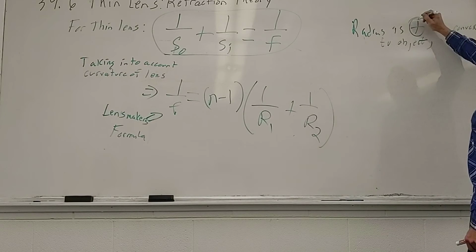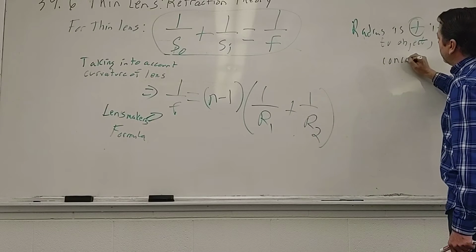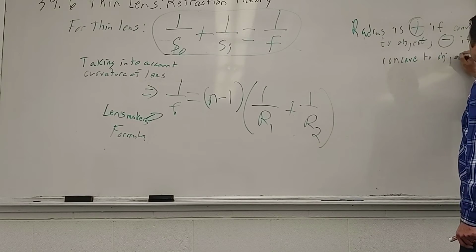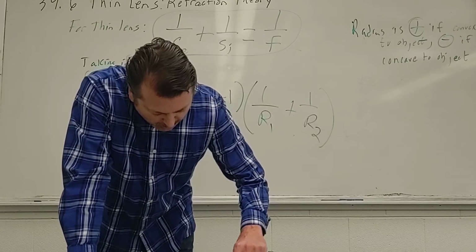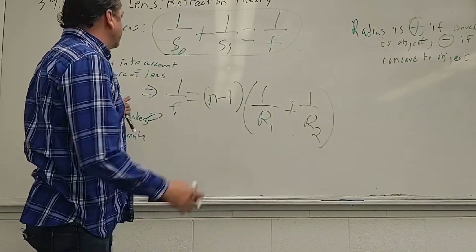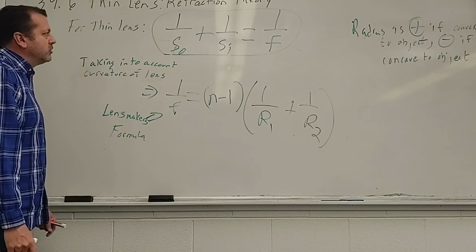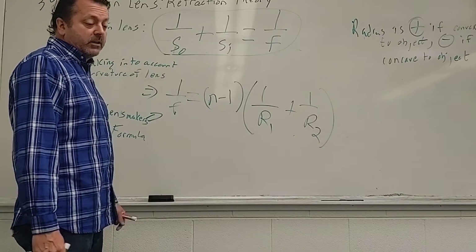Now I'll put that in circles, meaning positive. Negative if concave to the object. We can do some rules about sides and stuff like that. You'll start to notice that as you go along, as you read your text. Bottom line, this is the equation from that chapter.